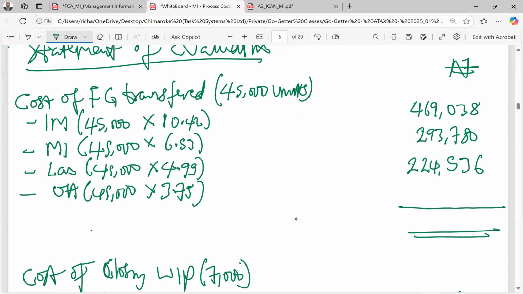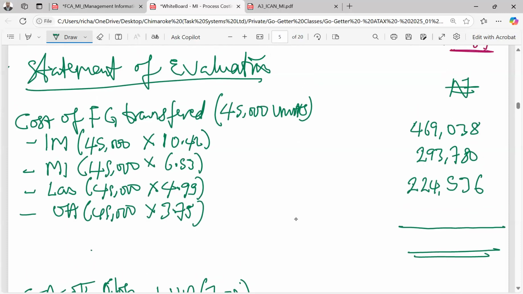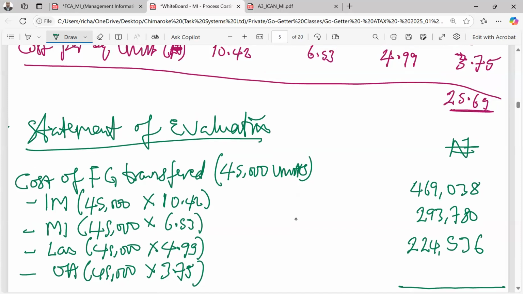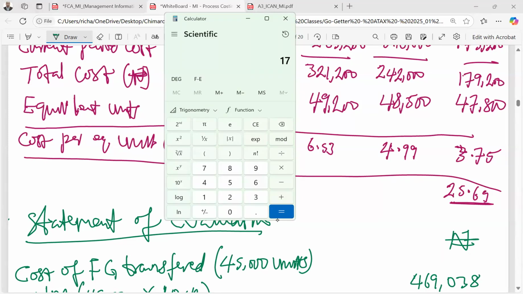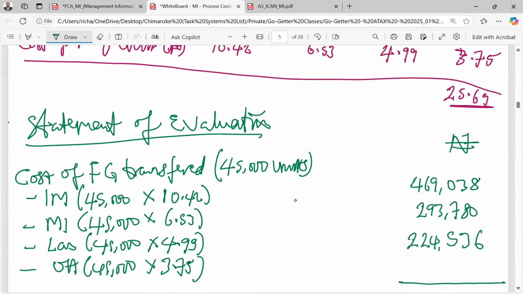How was that last one derived? $179,200 divided by 47,800. It gives you 37.35, which we know. But everything in the calculator is what we are using.